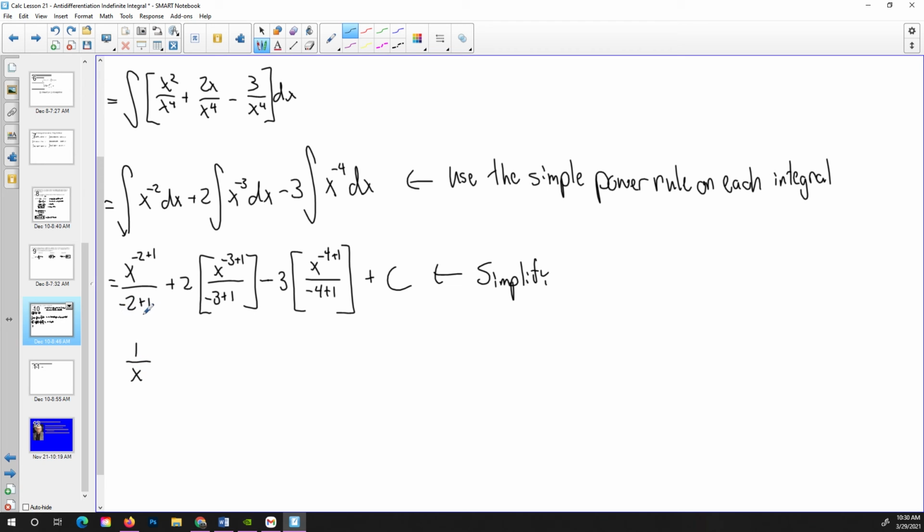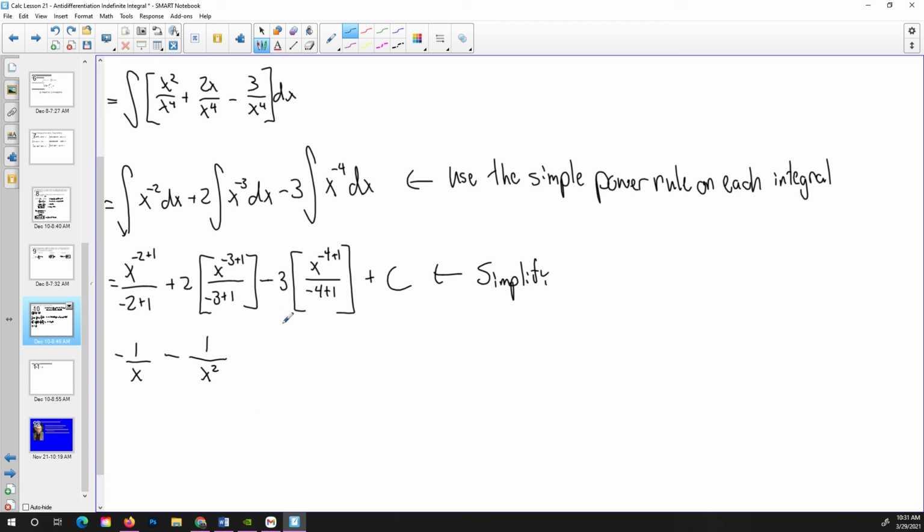Negative 2 plus 1 is negative 1, so I'll make that negative to keep it correct. Here I will have x to the negative 3 plus 1, which gives me negative 2, so I'll have x to the 2 in the bottom. Negative 3 plus 1 will be negative 2. Times 2 will just be negative 1, so I'll make a minus there with a 1 on top.